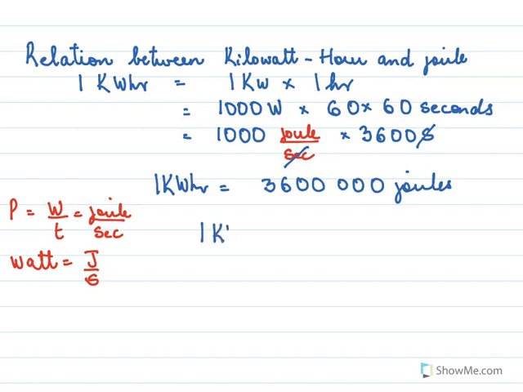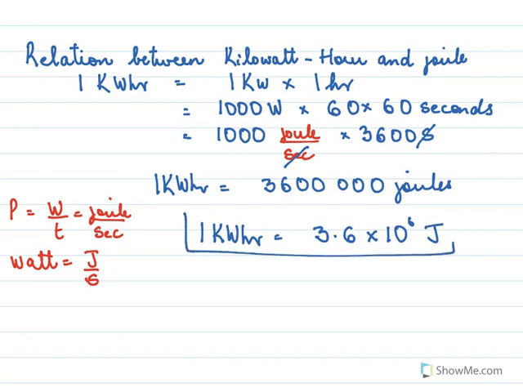So 1 kilowatt hour equal to, if I put the decimal, 3.6 into 10 raised to 6 joule. You need to remember this relationship, that 1 kilowatt hour is 3.6 into 10 raised to power of 6 joule. Another thing we need to remember is 1 kilowatt hour is commonly called 1 unit.